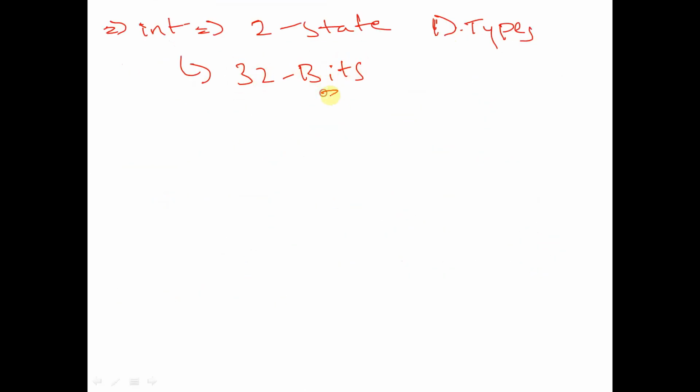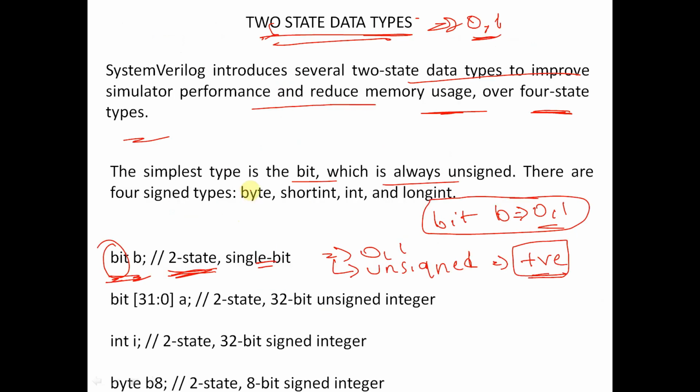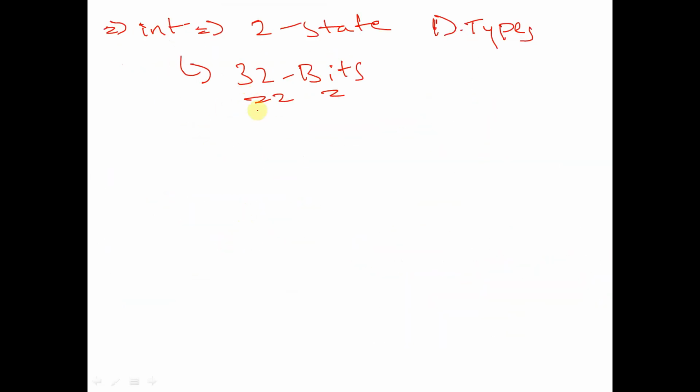And we cannot store unknown and high impedance values in this int data type. And this is also unsigned. Sorry, this is signed, and it is 32 bits. This is signed. That is, we can store negative numbers also in this int data type.